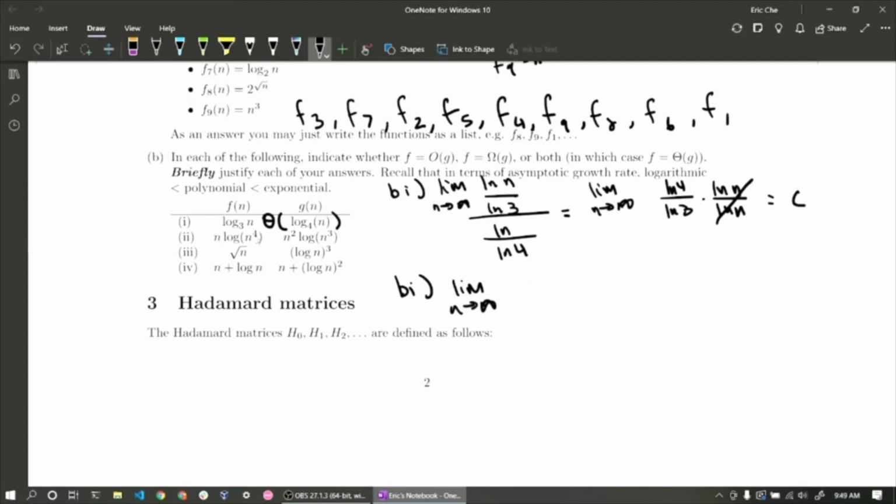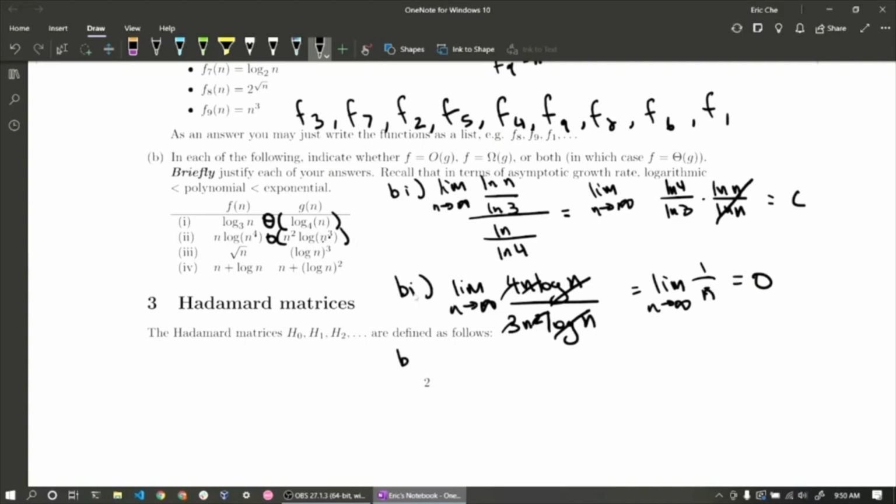We can pull the powers in front, so we have 4n log n over 3n squared log n. We can cross these out, ignore constants, cancel out the n, and we have the limit of 1 over n, and that equals 0. So that is big O. Oops, that is B2.